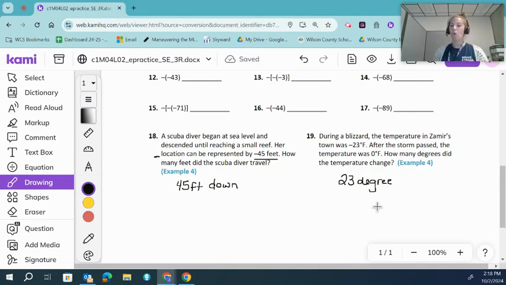Or if it was at positive 23 and went down to 0, it still would have changed 23 degrees. So again, that's a positive value because we're talking about how much change happened, or how far you traveled, the distance. Those are positive values.